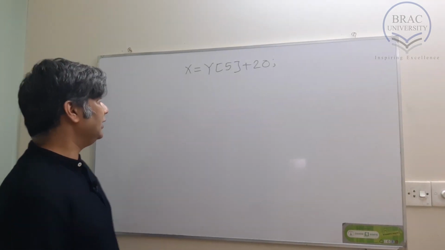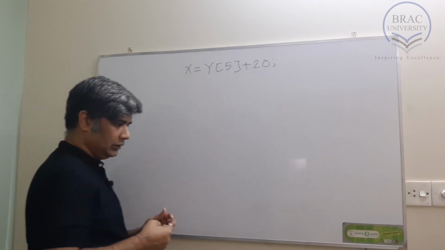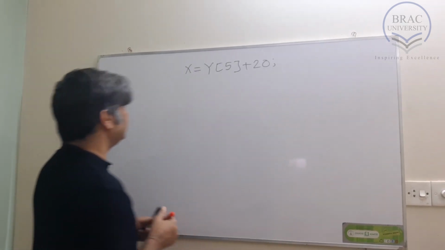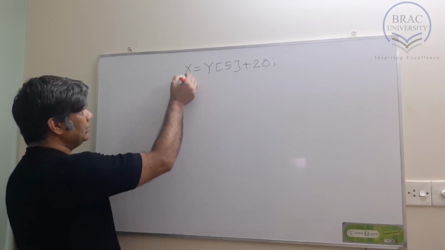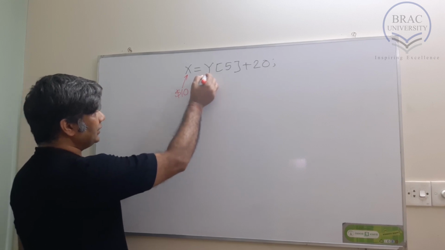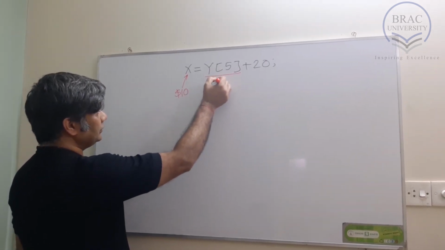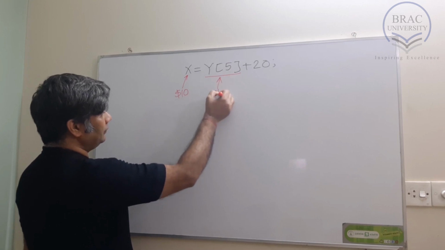So for simplicity, let's assume that x is in register 10 and the base address of this array is in register 11.